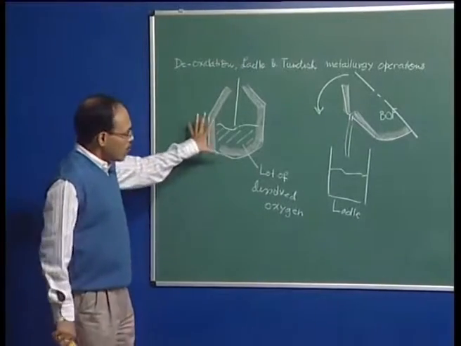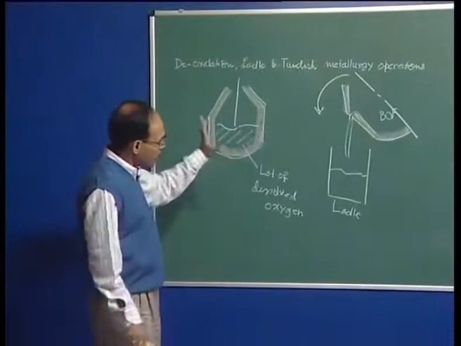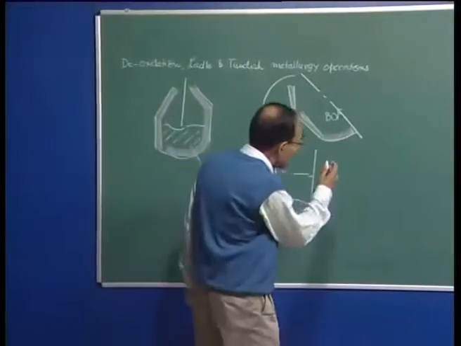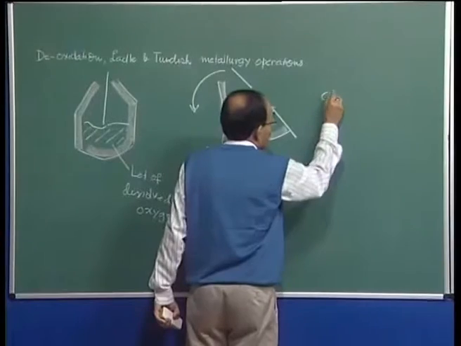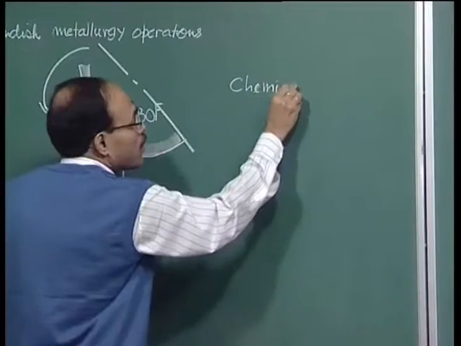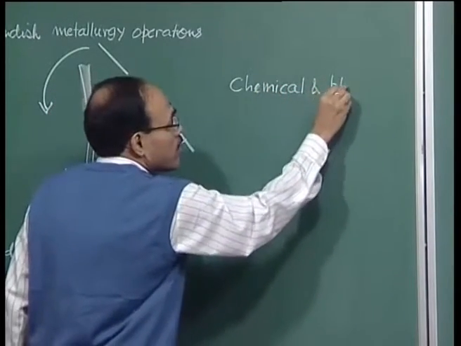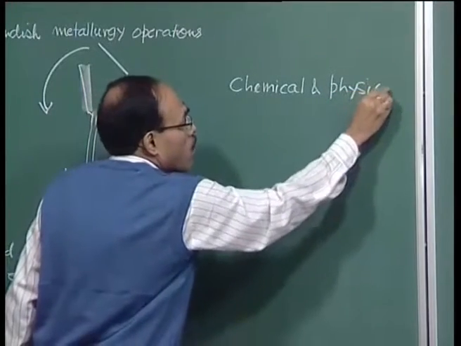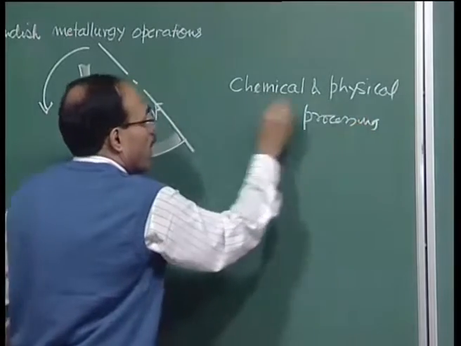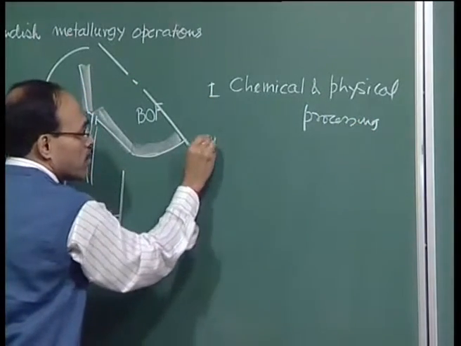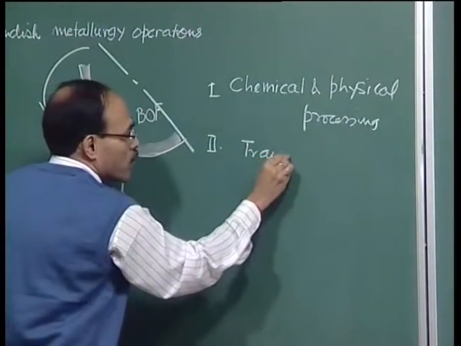Now, at this particular point, I will try to classify steel making under two different processes. Number one is chemical and physical processing, and number two is transfer operations.